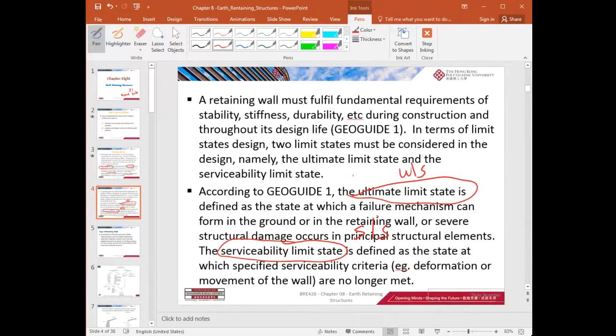Now, SLS means the state at which the structure may not serve you well. For instance, there may be some unacceptable cracking, or the deformation is too excessive, despite there being no structural collapse. Or for the retaining wall, if the movement of the wall is too much, we may say that the SLS may not be met. It's not up to the standard.